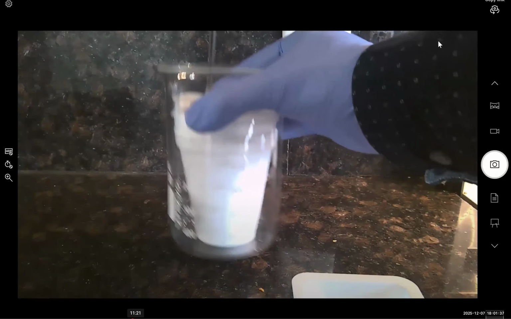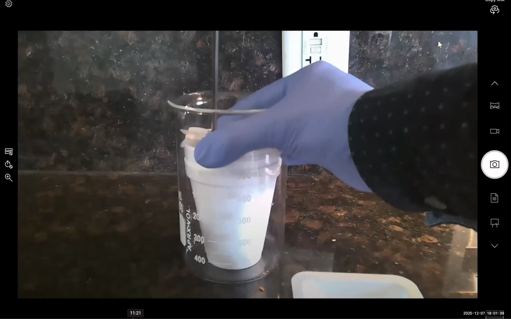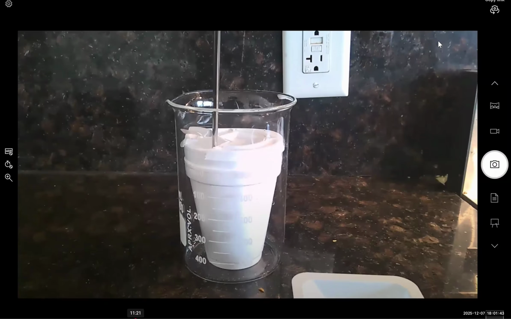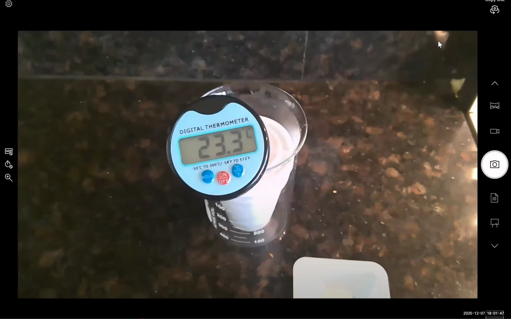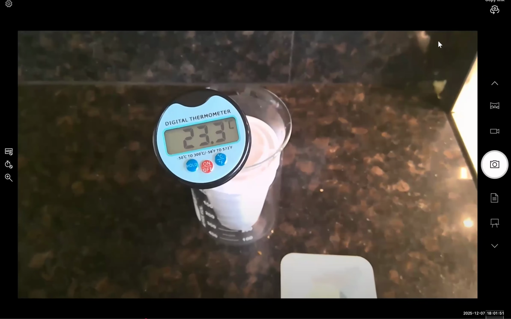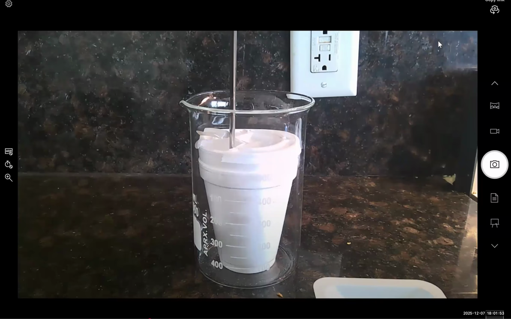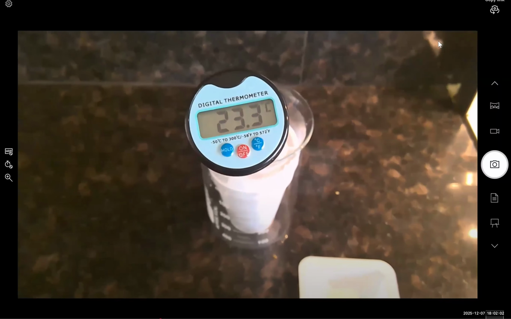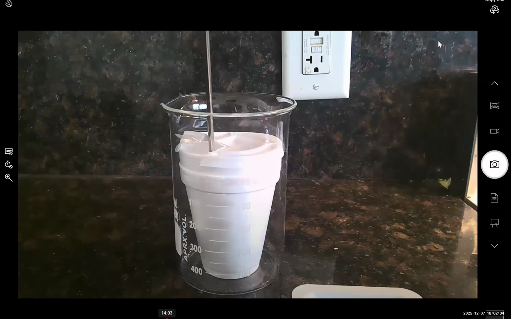So now I'm agitating and mixing the water in the calorimeter to try to get some heat exchange to occur. And now we're letting it sit. It's still at 23.3 degrees Celsius. Still at 23.3 degrees Celsius.